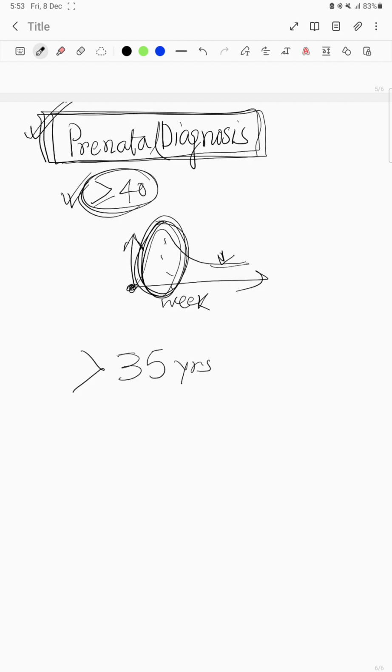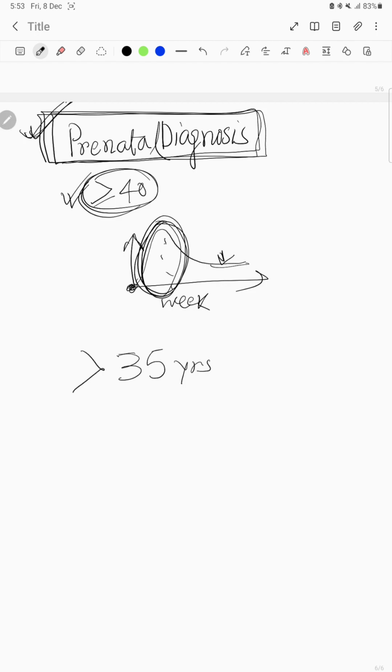If the mother has diabetes mellitus or phenylketonuria, or if she got any kind of infection, or has taken any kind of teratogen. If something abnormal is seen in ultrasound results. And also, if there is a genetic disorder in the population.